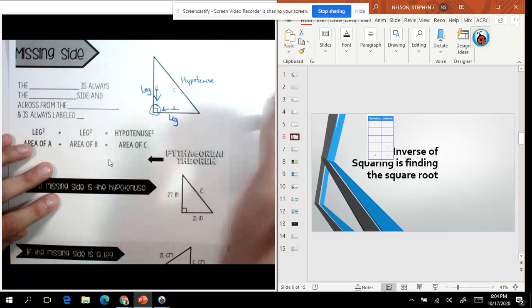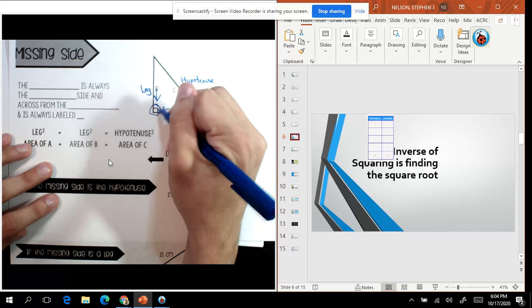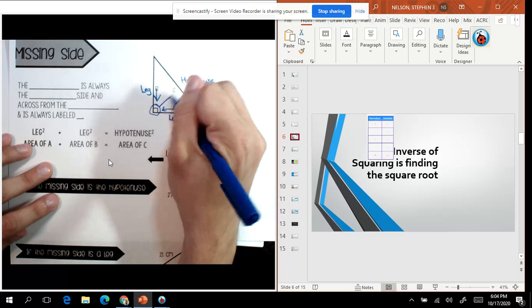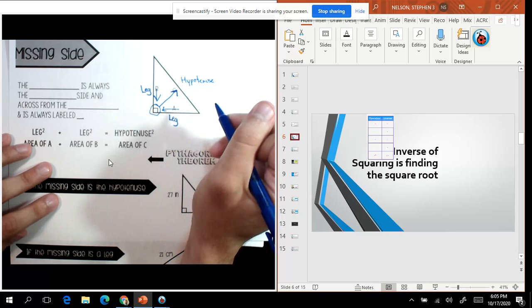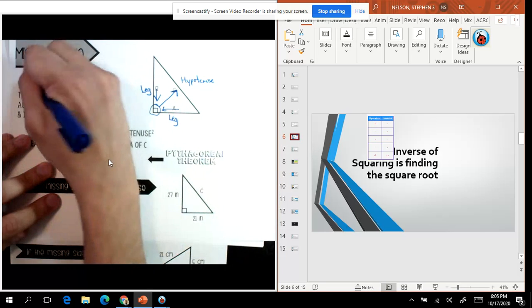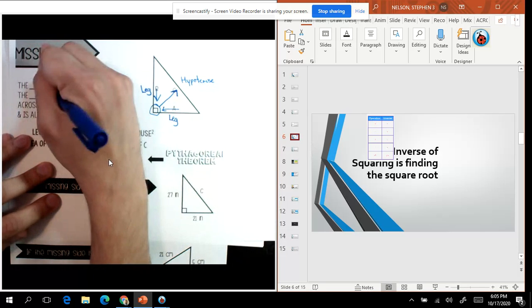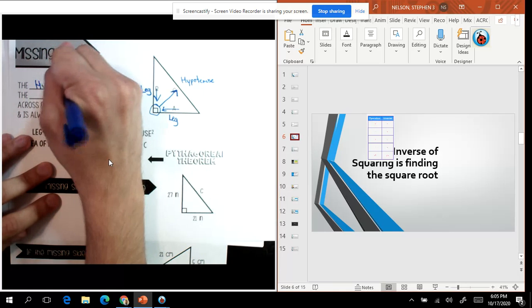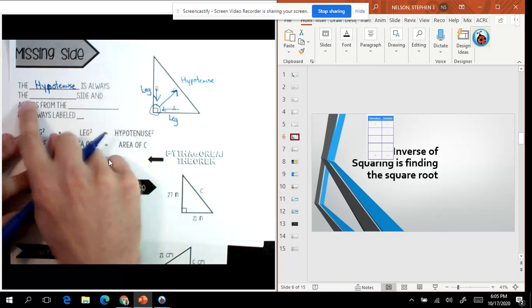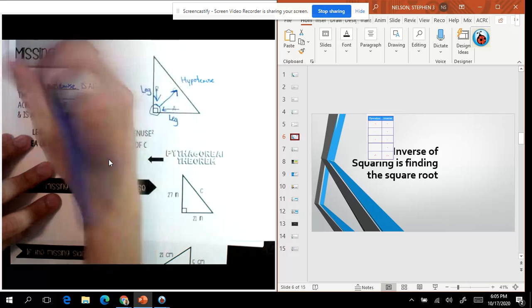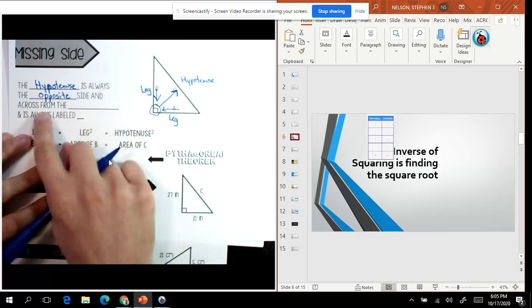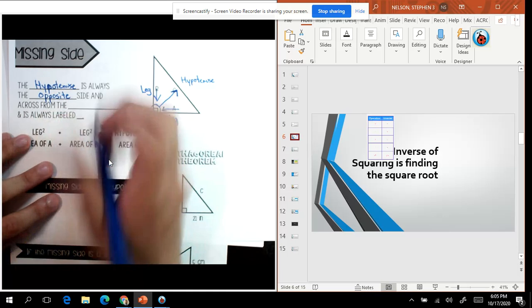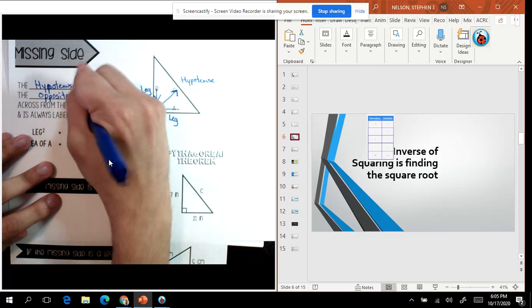I don't know if I'm spelling it right. The hypotenuse, remember, is always the opposite of the 90-degree angle. So the hypotenuse is always the opposite side and across from the 90-degree angle.